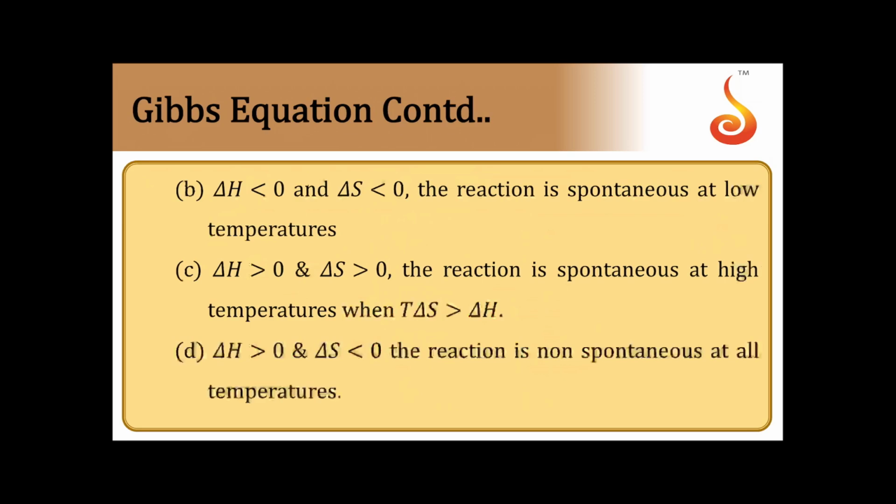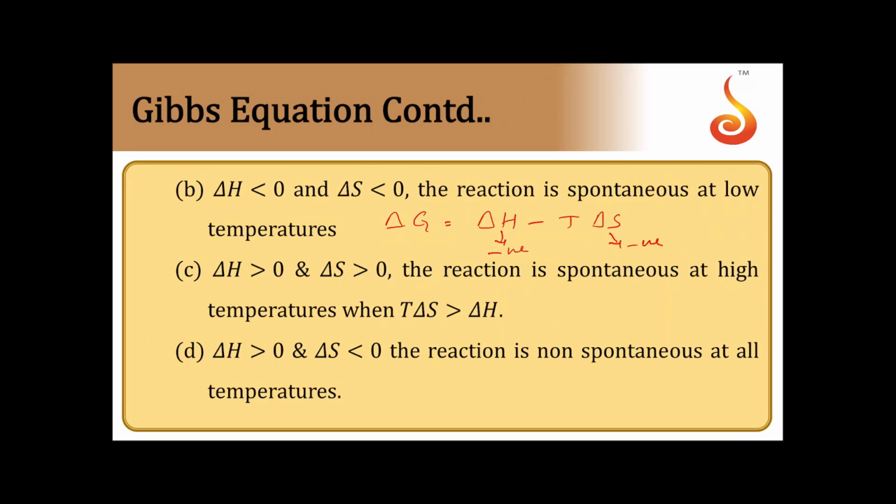Now when delta H is less than 0 and delta S is less than 0, in the equation delta G is equal to delta H minus T delta S, delta H is negative and delta S is also negative.